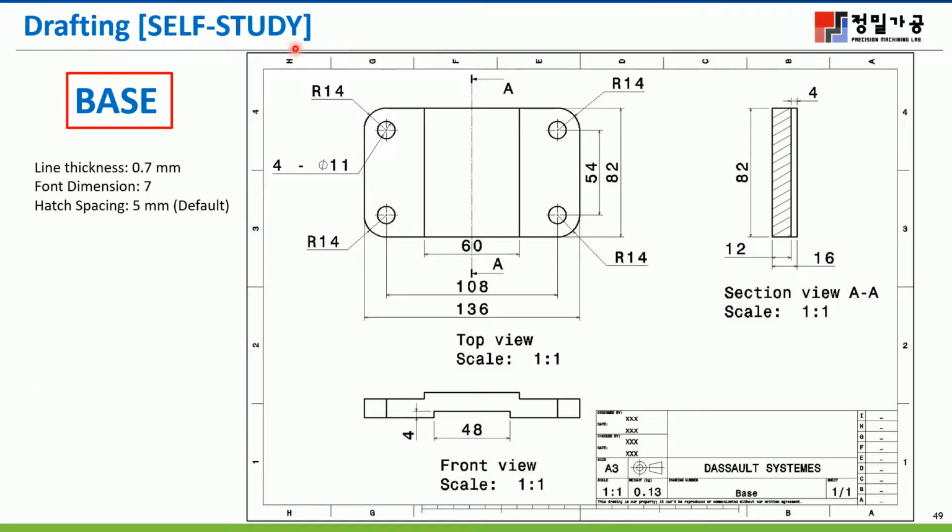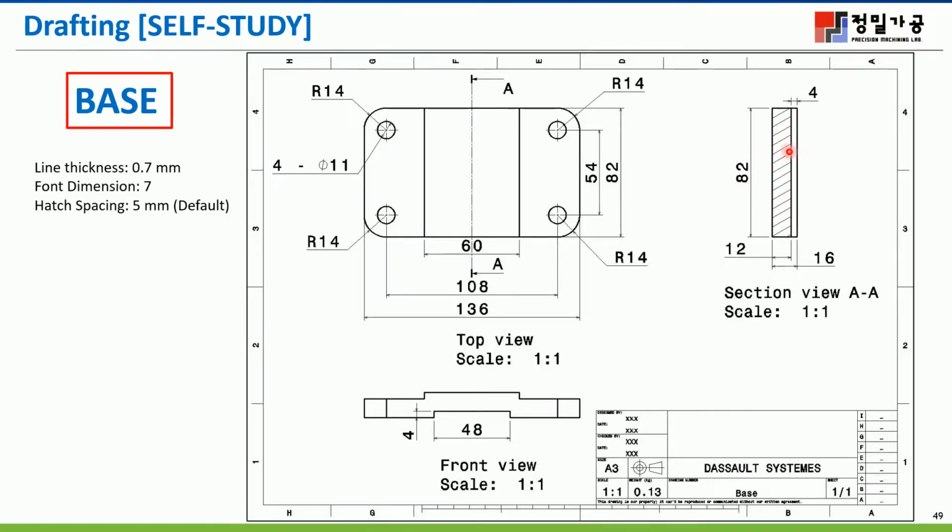I make some kind of this drafting for, in this case, for base with line thickness 0.7 millimeter and font dimension 7 in this case, and hatch spacing, I mean 5 millimeter is default. This one is hatching.